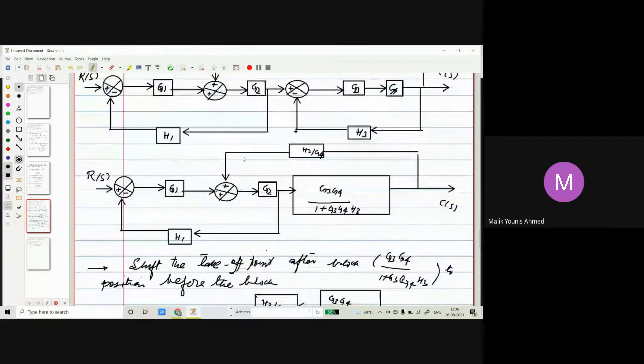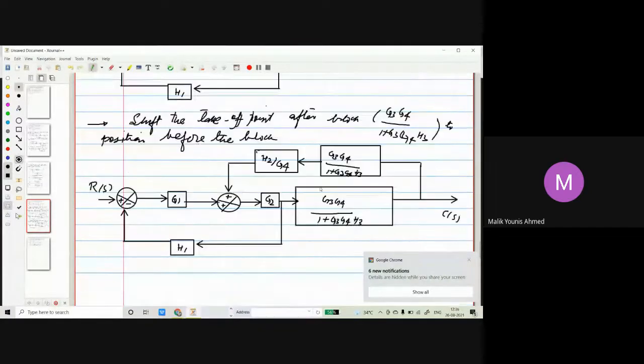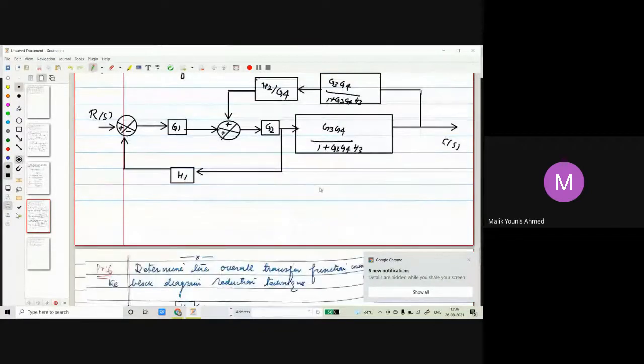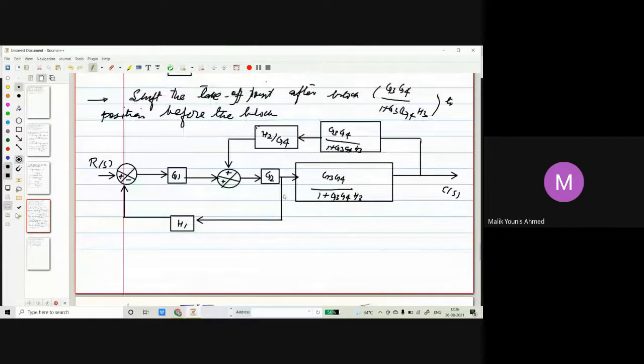Yes. When we are trying to move this here, yeah, we are trying to move this takeoff point. Sorry, we have not done that. The takeoff point we have to move. We've made a bit of a mistake. Just sorry.